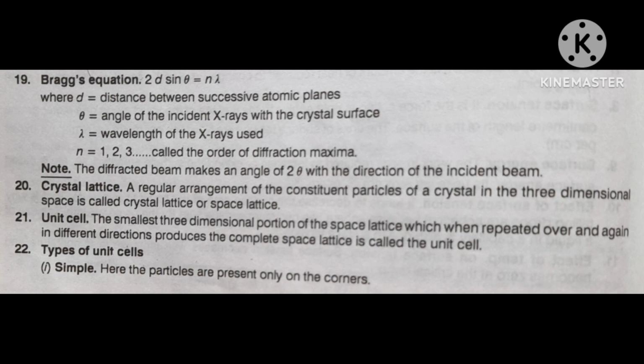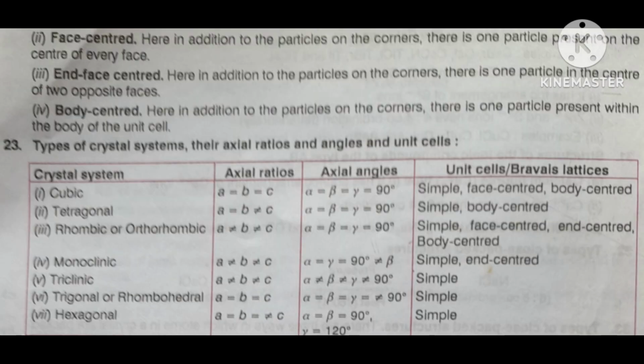Then the smallest three-dimensional portion of the space lattice, which when repeated over and again in different directions produces the complete space lattice, that smallest three-dimensional portion of the space is called a unit cell.